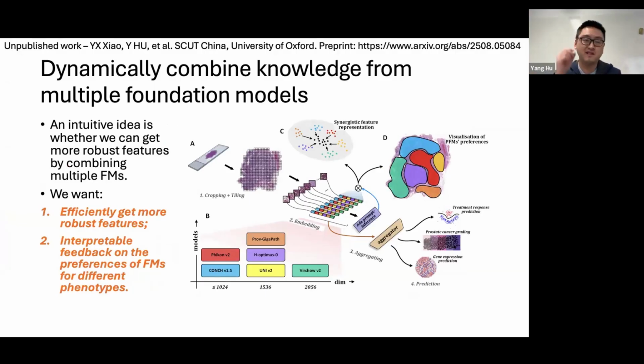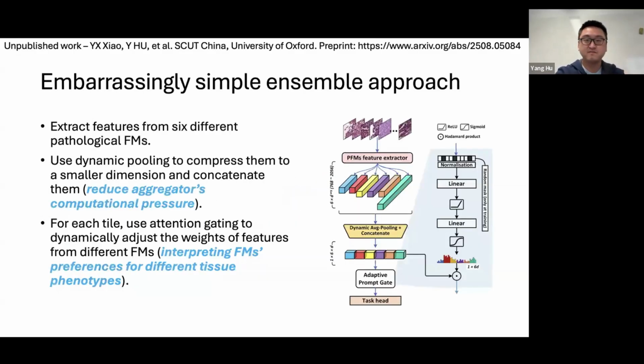I think everybody can think about that. Basically, our targets are, first, to efficiently get more robust features, and second, to have some interpretable feedback on the performance of these foundation models on different phenotypes.